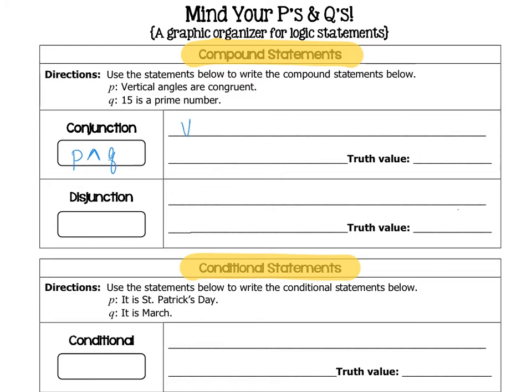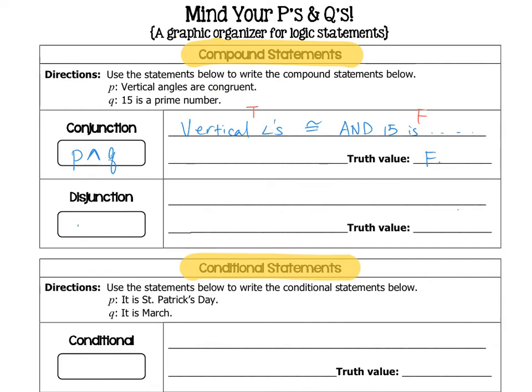So you say P and Q: vertical angles are congruent and 15 is a prime number. And this obviously is false because in order for a conjunction to be true, both statements have to be true. In this case, vertical angles are congruent is true, but 15 is not a prime number.